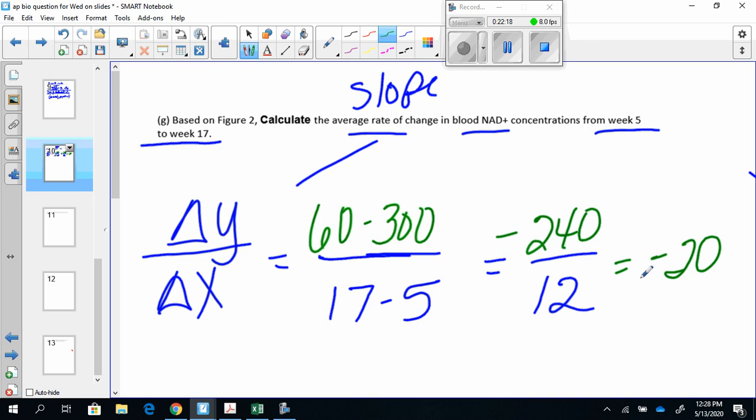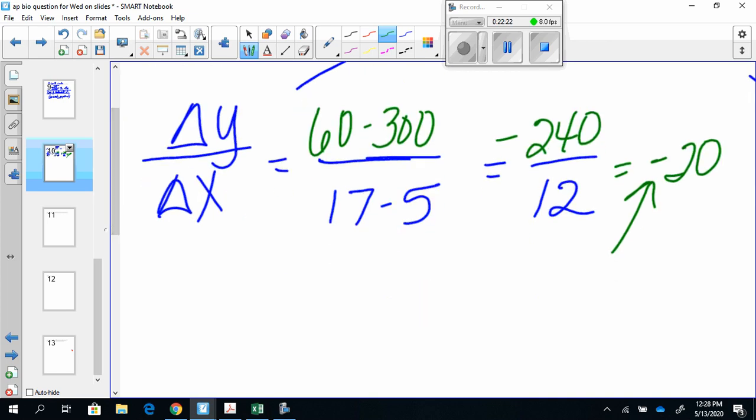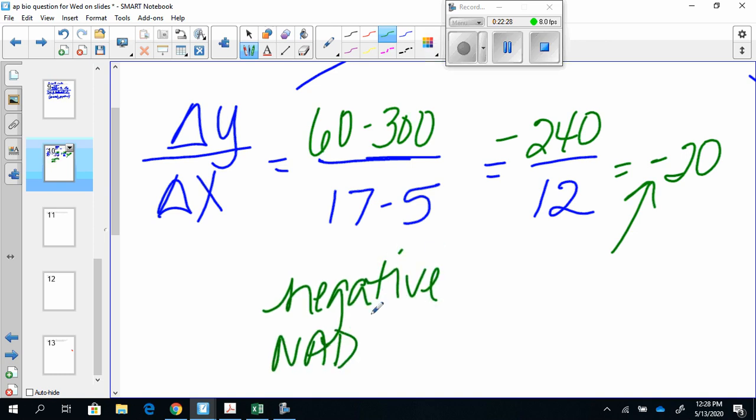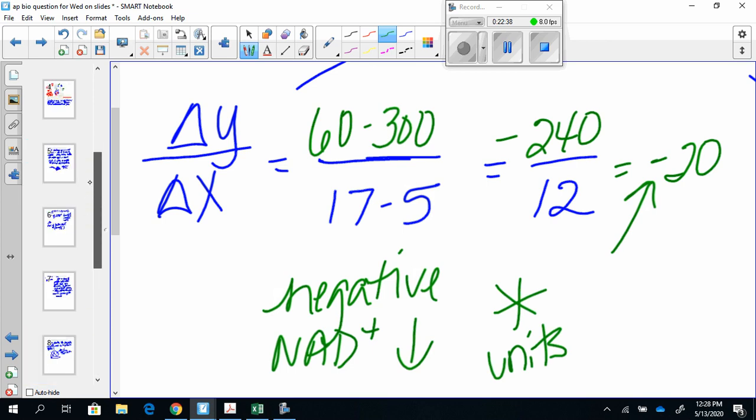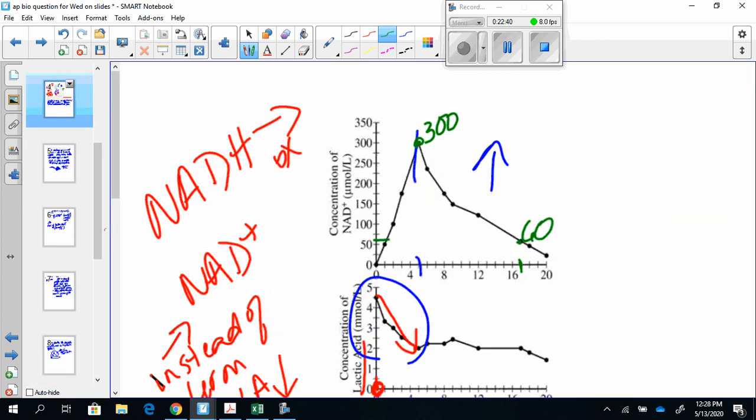First thing, if you do not put that negative on there, it is definitely not going to be right. The negative shows me that the level of NAD plus was going down. It's really important that you have that there. And then I also want to make sure I have units. So again, I go back to the graph. That was micromoles per liter per week.